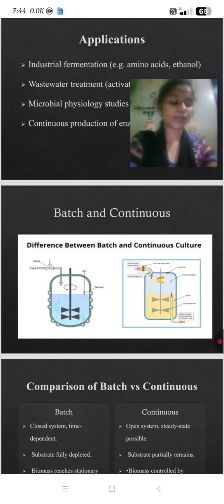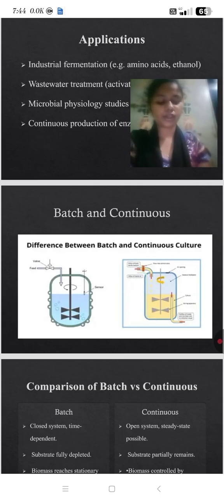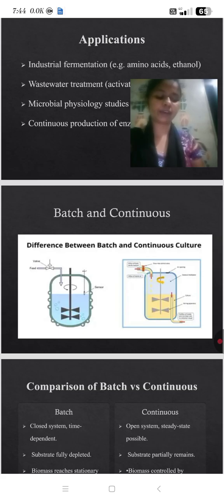Control: time based, versus dilution rate based. Batch is like baking a cake: it starts once and finishes. Continuous is like a flowing system, constant feeding and harvesting, like a running fountain.